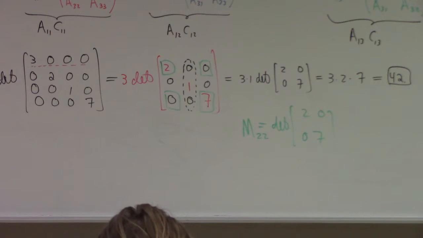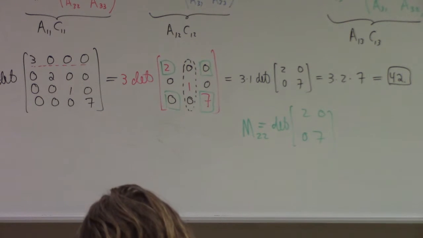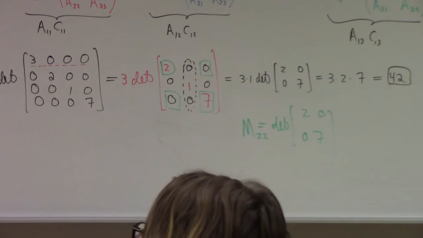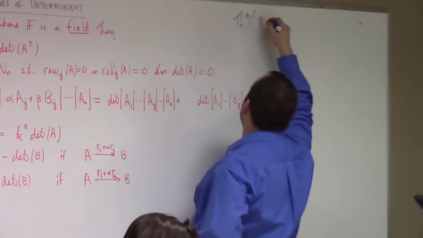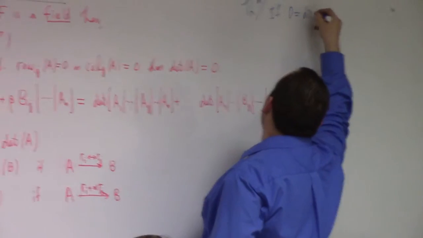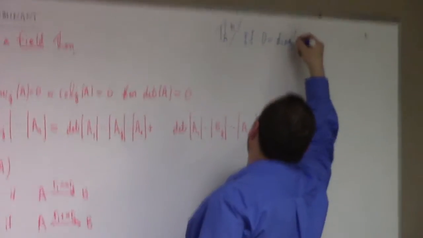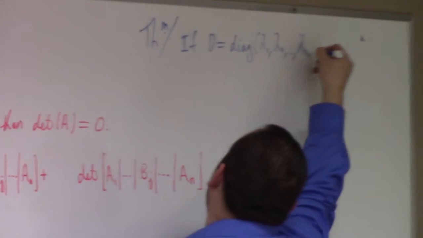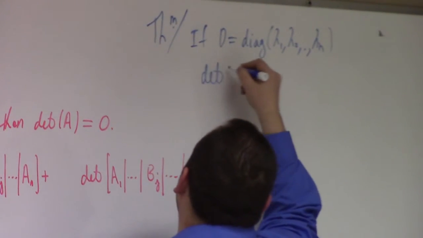Oh, but before I do that, I would be negligent not to mention one of the theorems we have: if D is diagonal, say the diagonals are lambda 1, lambda 2, down to lambda n, then the determinant of D is just what?